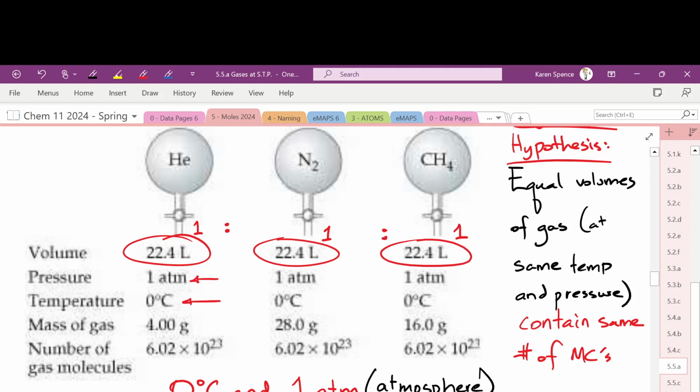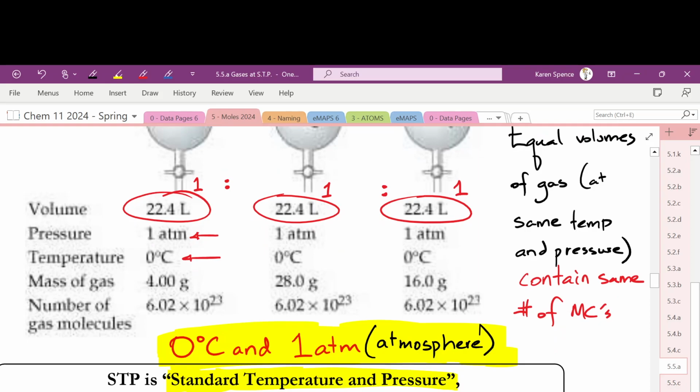This is known as standard temperature and pressure. 0 degrees Celsius and 1 atmosphere. And because standard temperature and pressure is very long and difficult to write, we abbreviate it as STP.